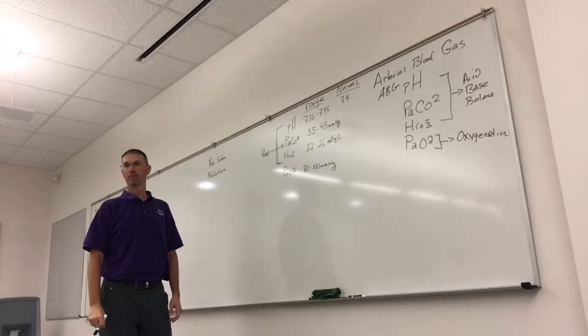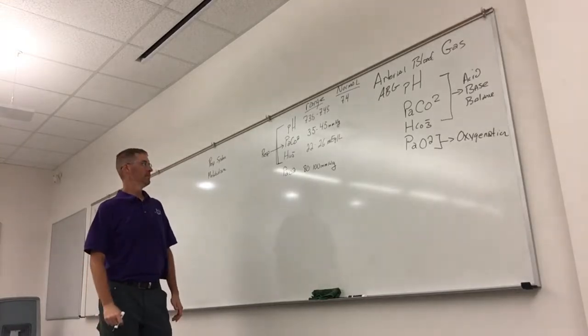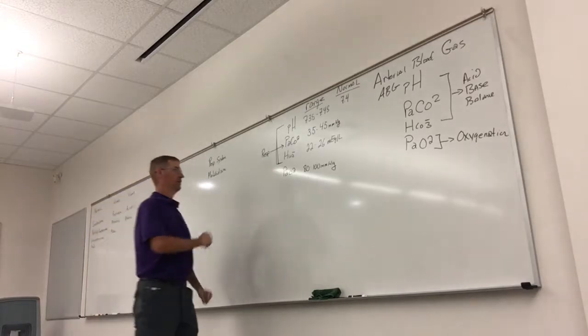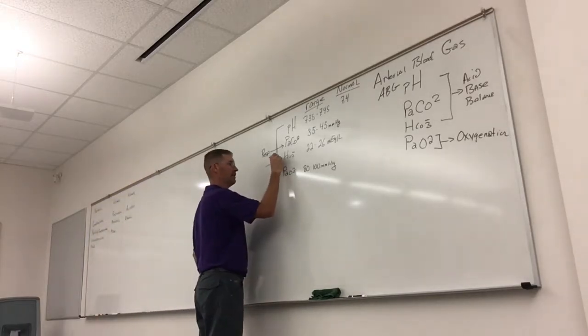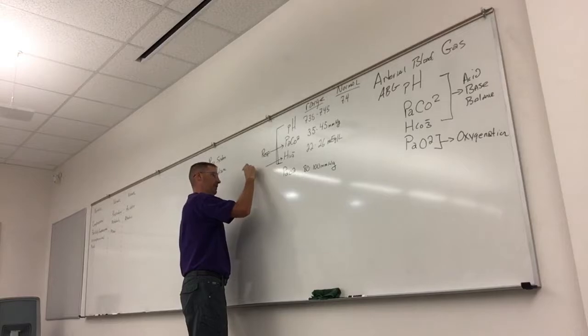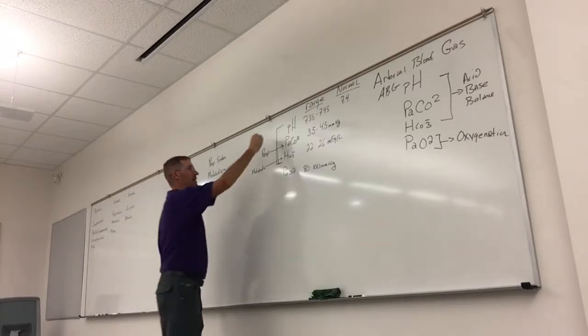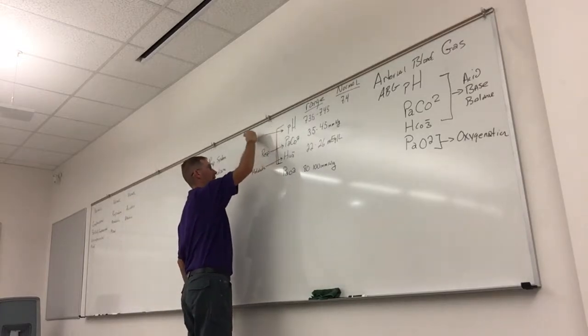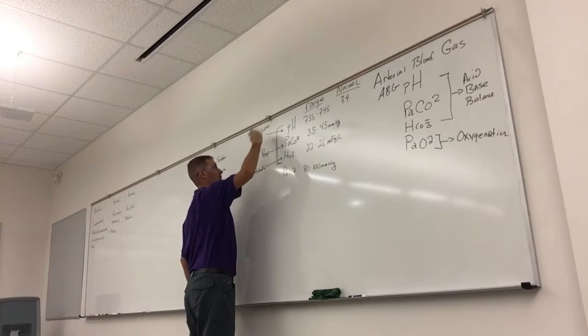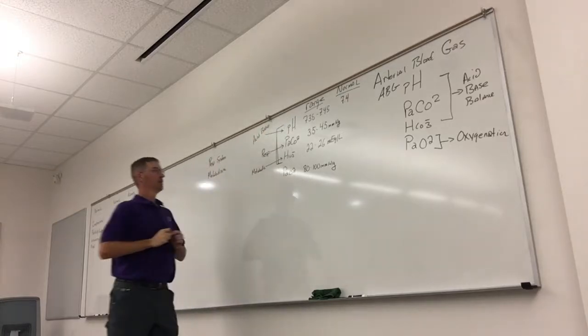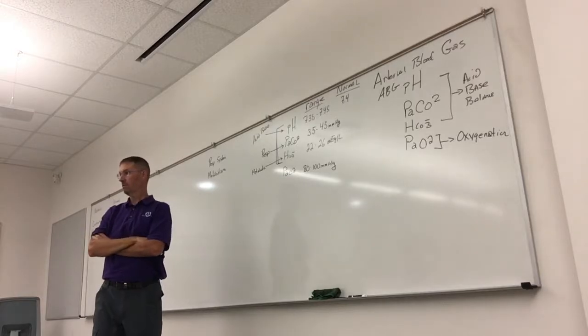The bicarbonate. Good. So the bicarbonate tells us about the metabolic component. And the pH is a pH, right? The pH tells us about the acid-base balance. All right? So far, so good?